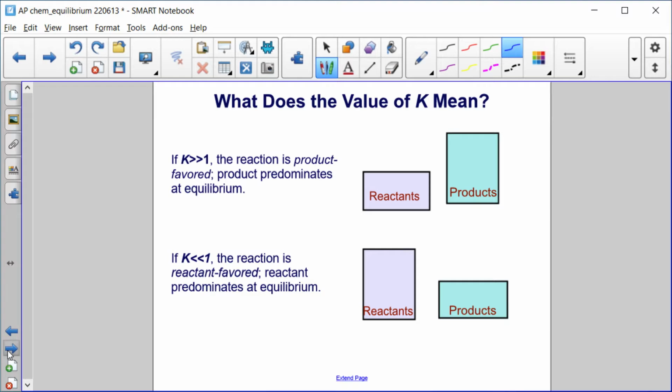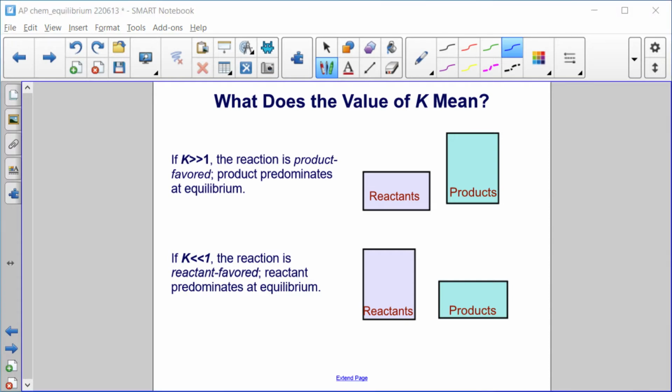So if K is much, much larger than 1, the reaction is product favored. In other words, at equilibrium, the product predominates. If K is much, much less than 1, that means the reaction is reactant favored, or reactants predominate at equilibrium.